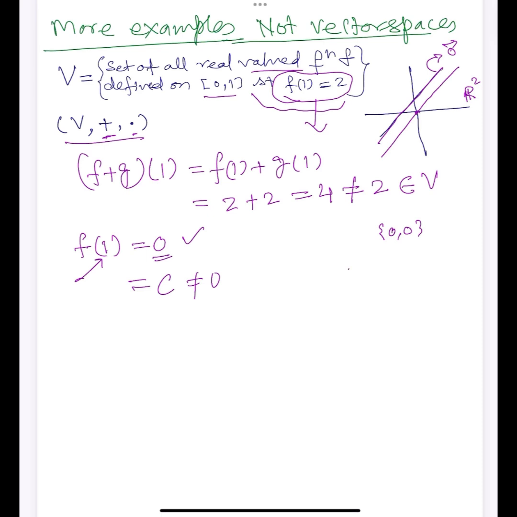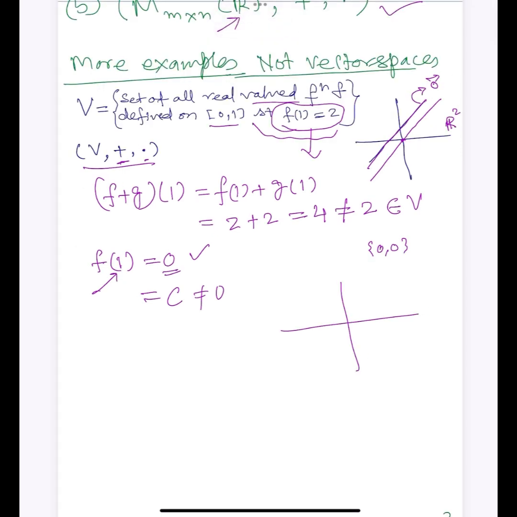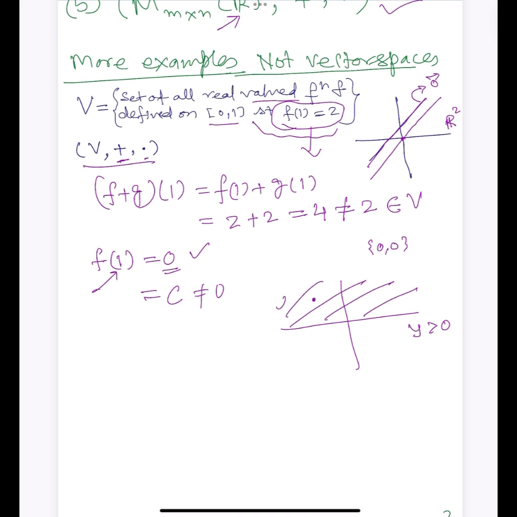Similarly, if you think of this plane, say the half plane above, it means y greater than 0. So if I multiply any element here by a negative scalar alpha, because alpha is a real field element, alpha can be negative.